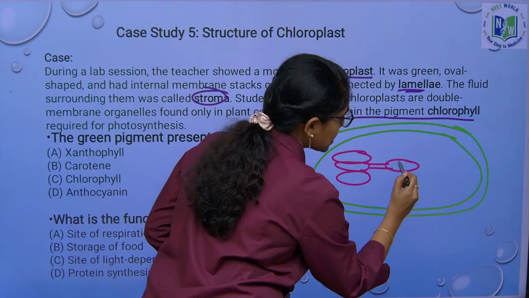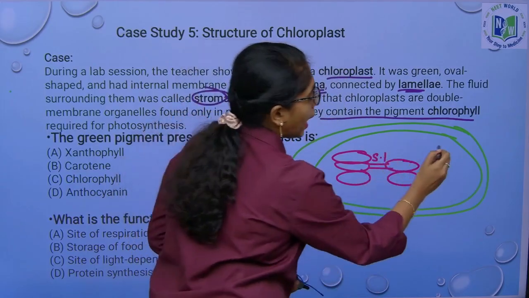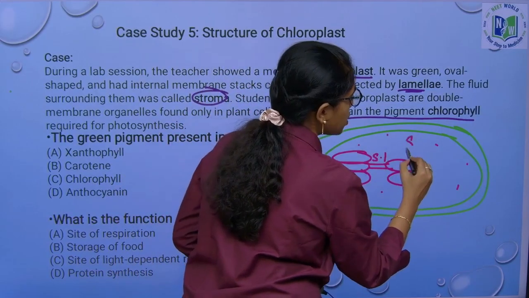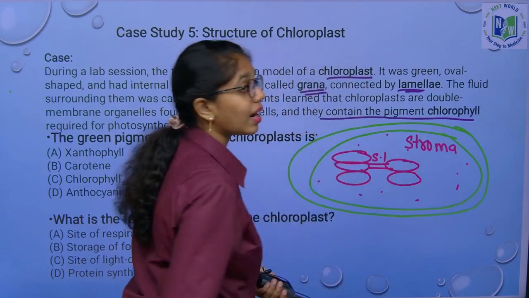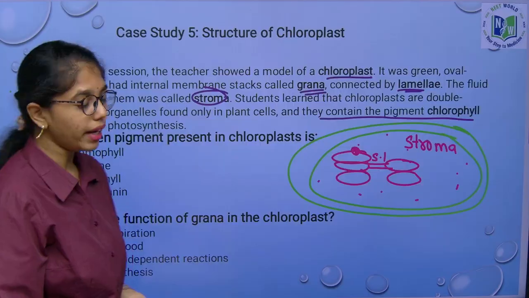One granum is connected to another by stroma lamellae, and the fluid filled space here is called stroma. This stroma is the site for light independent reactions. The grana is the site for light dependent reactions.